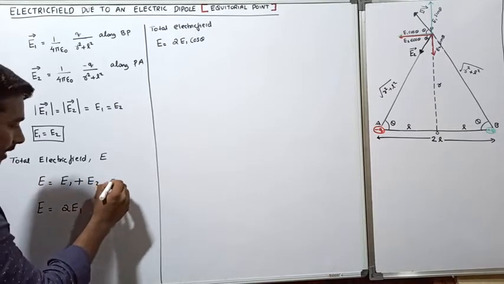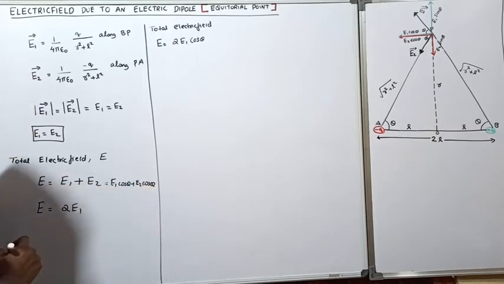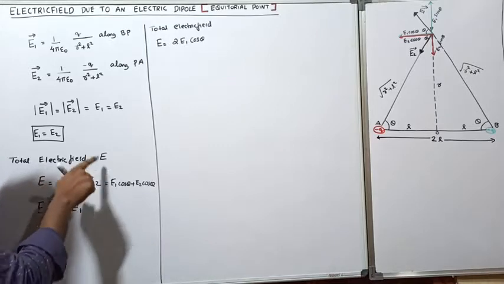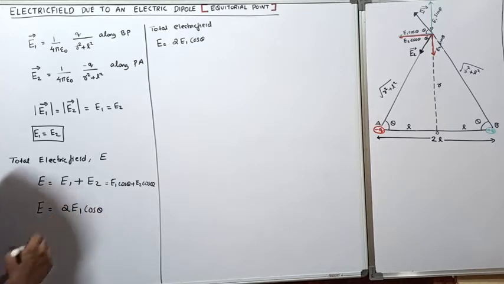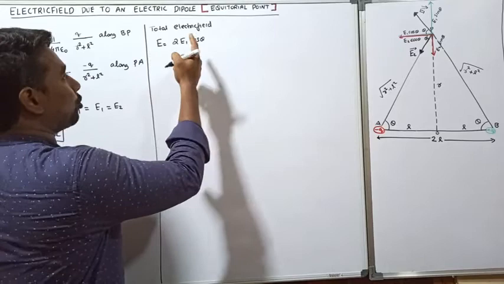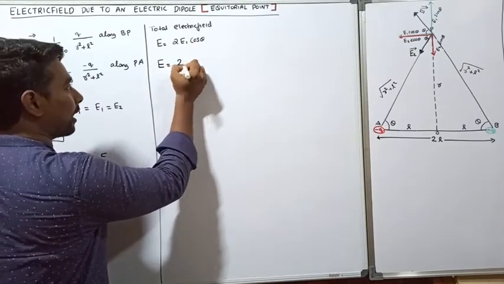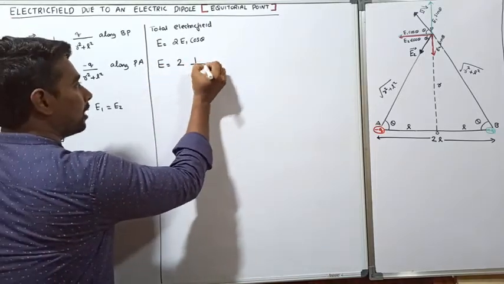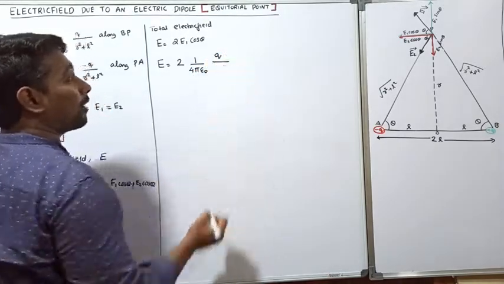Since E1 is equal to E2, you can write 2E1 cos theta. So we wrote E is equal to 2E1 cos theta. That means the electric field E is equal to 2 times, what will be E1? Yes, the magnitude of E1 will be 1 by 4 pi epsilon 0 Q by, what is the distance?